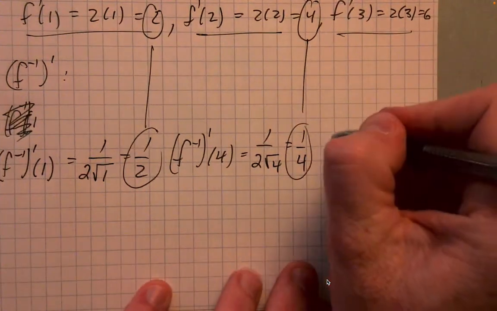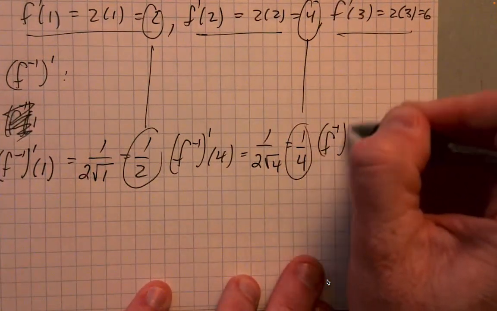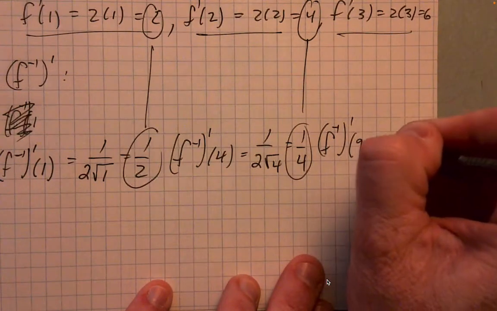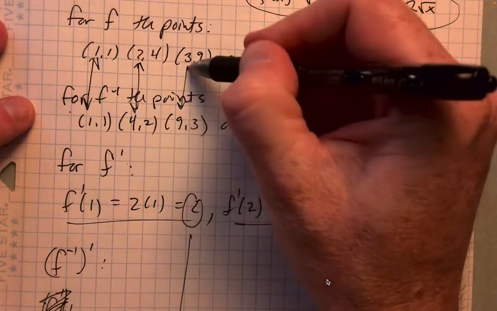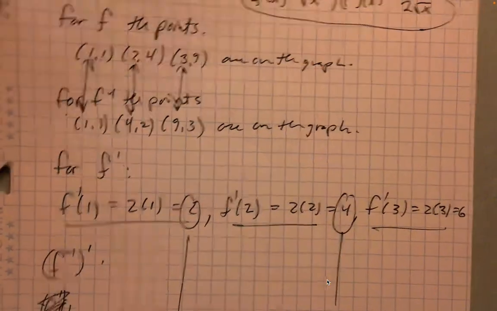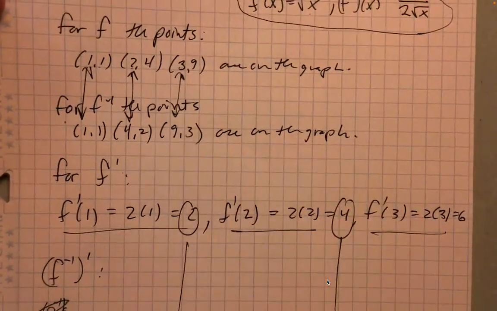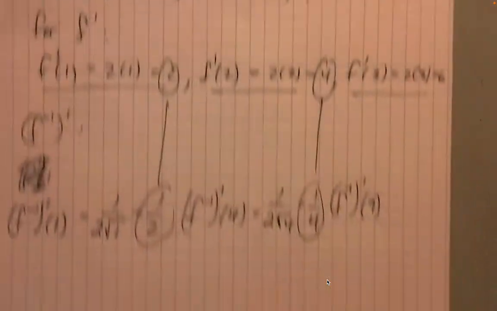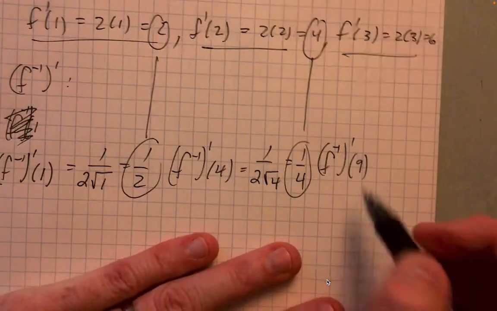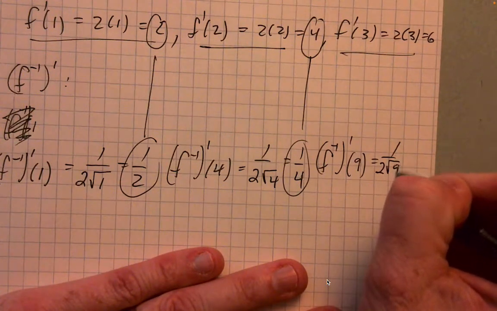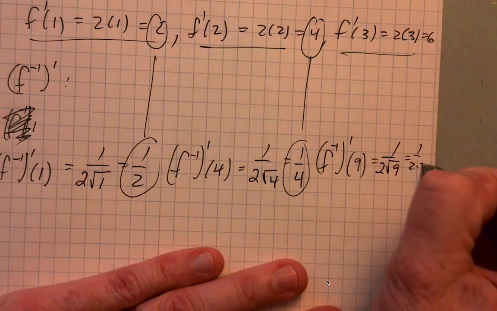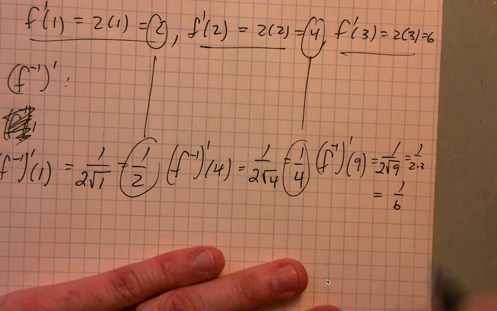And then, of course, f inverse prime of 9. Okay, remember, plugging in these guys here. These are the points that are mapped between the inverse and the original function. So f inverse prime of 9 is equal to 1 over 2 times the square root of 9, so 1 over 2 times 3, 1/6.